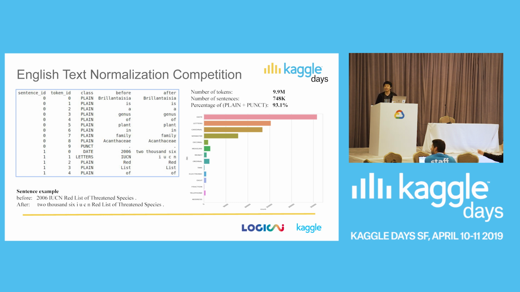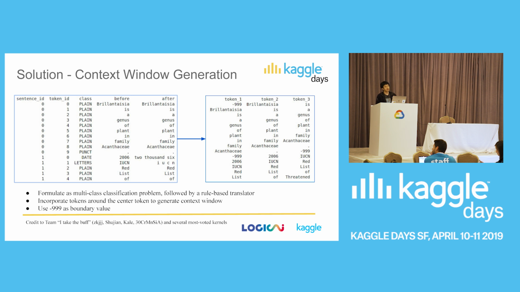That's why I like the Kaggle community, because people are willing to share their solutions, and I learn a lot from them. So here, it is first formulated as a multi-class classification problem. For each token, let's first predict which class it belongs to. Once we know the class, we can do a rule-based translator, which is probably pretty easy to construct.